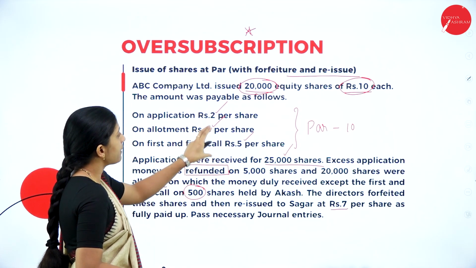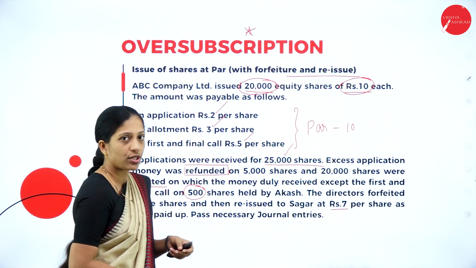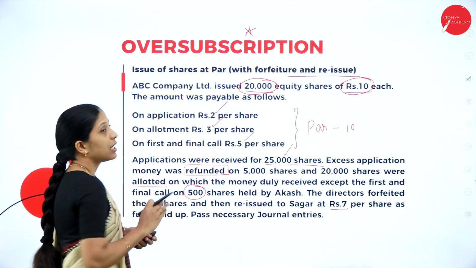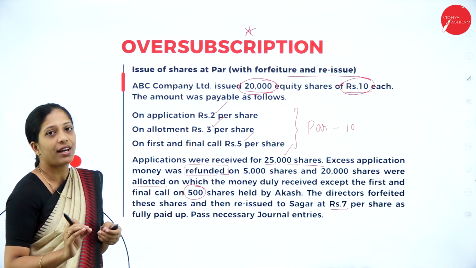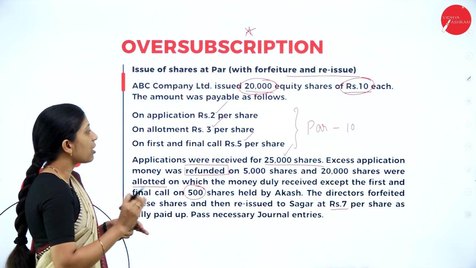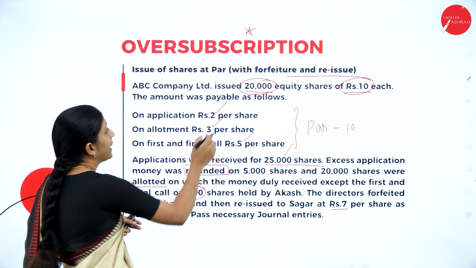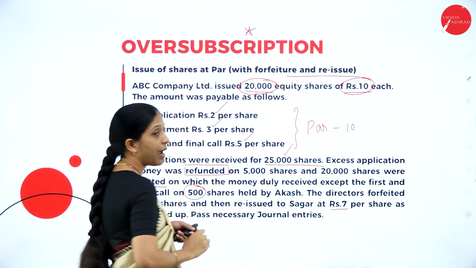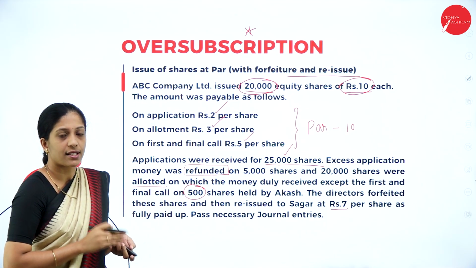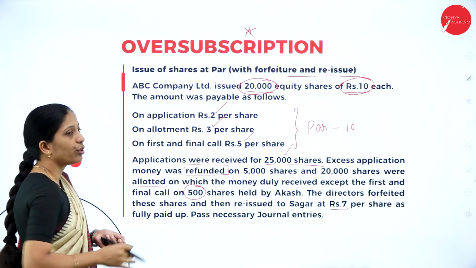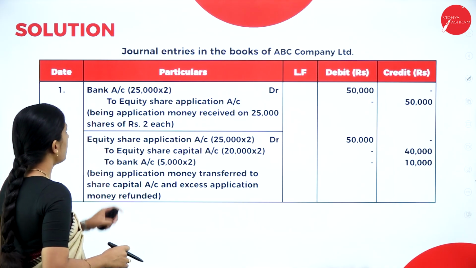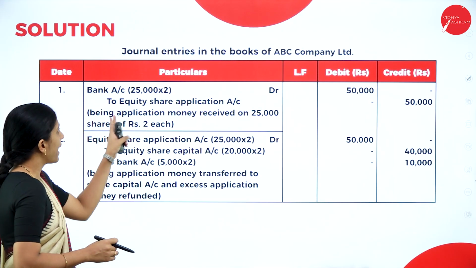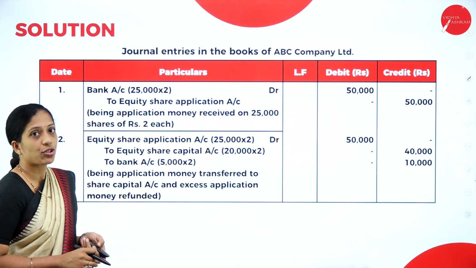Now we shall record entries for these 3 situations. First, the application stage. In the application stage you have to be very careful because we are not going to receive the amount on 20,000 shares, we are going to receive the amount on 25,000 shares. That is oversubscription. Now go through the first entry. Receiving of application money. Bank account debit to equity share application account.